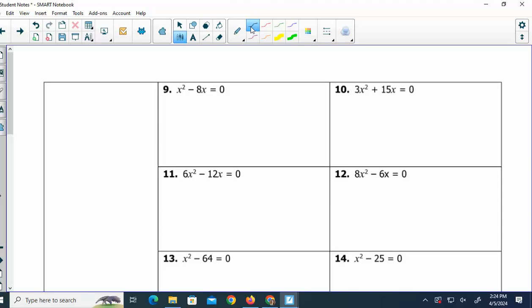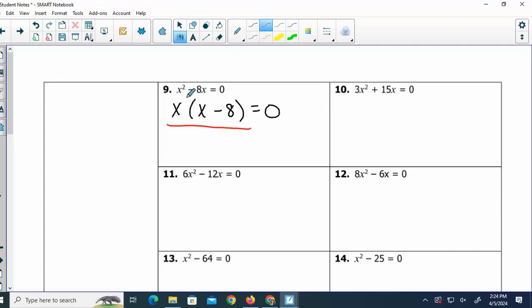Okay, so do I need to do the multiply to something and add to something on this one? How do I factor that? We take out an x, and that leaves me with x minus 8.